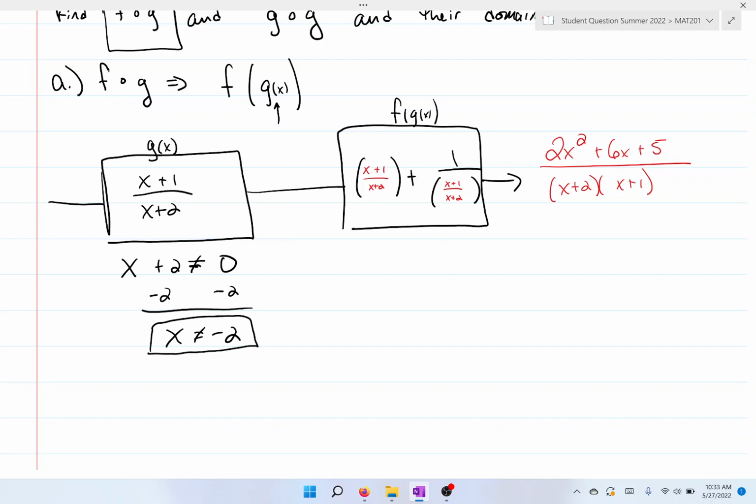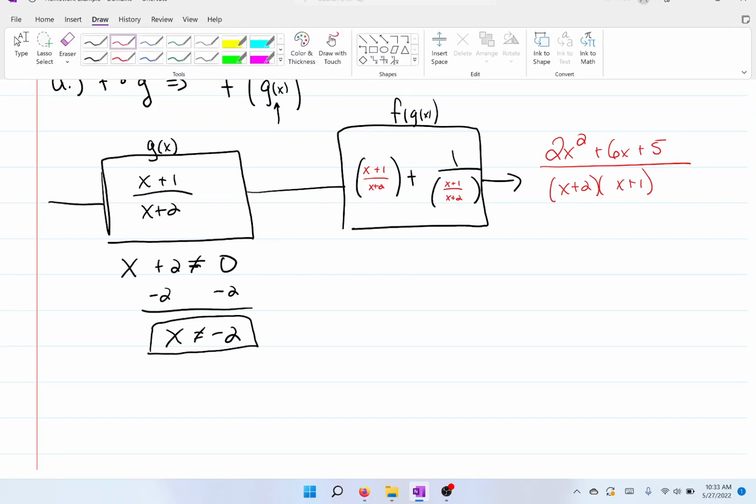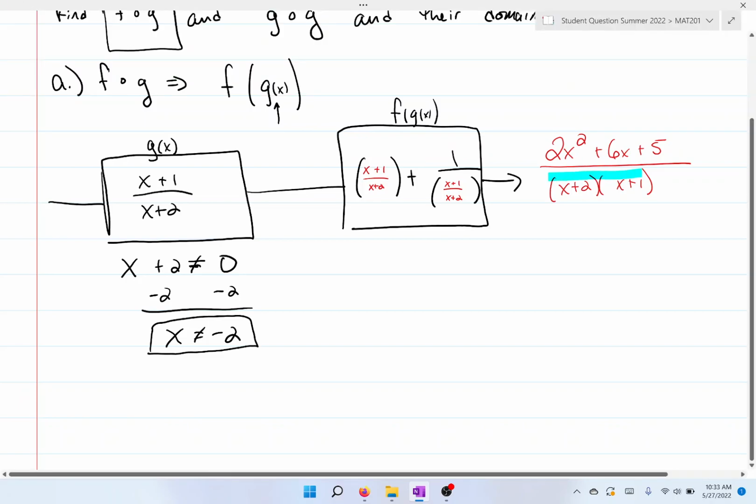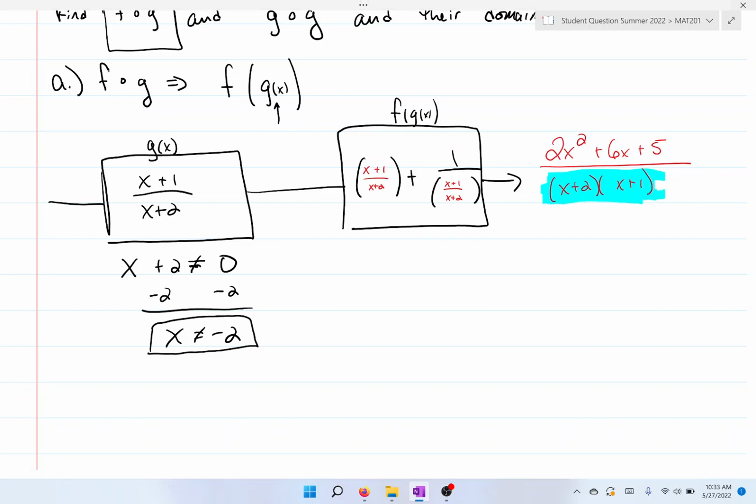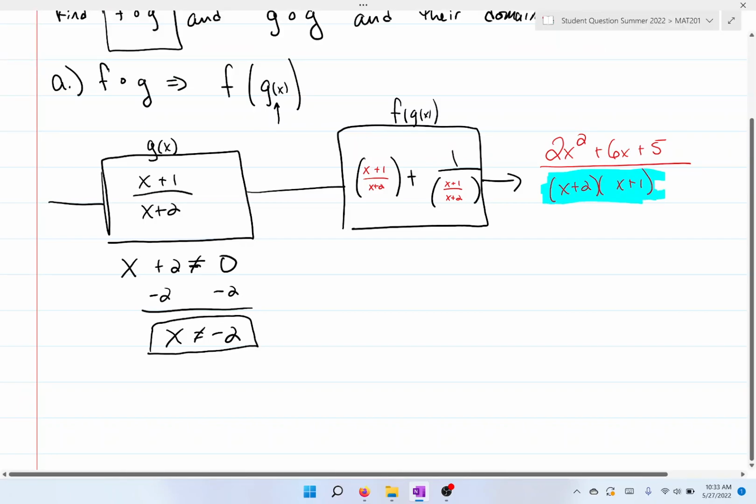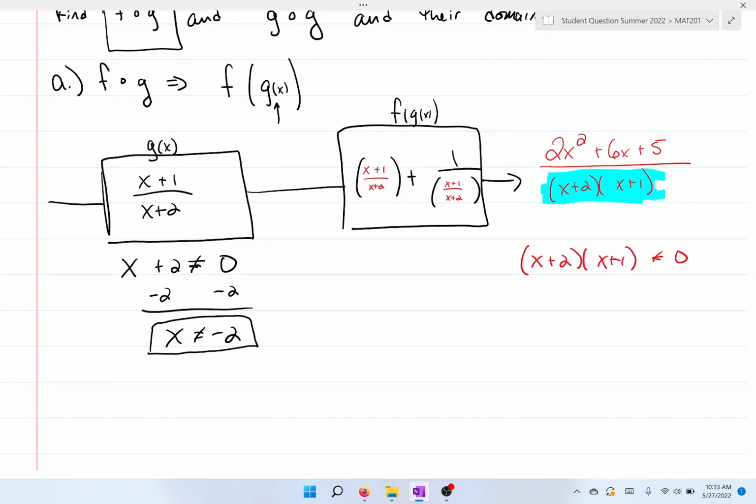Okay? And now what we need to do here, and I'm going to use my highlighter, is look at the compositional function, take its denominator, and set that not equal to 0, because we also need to find the other values that will break this calculator. What are the other values that will give me something that's undefined?